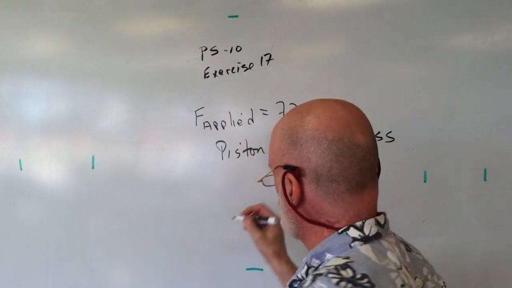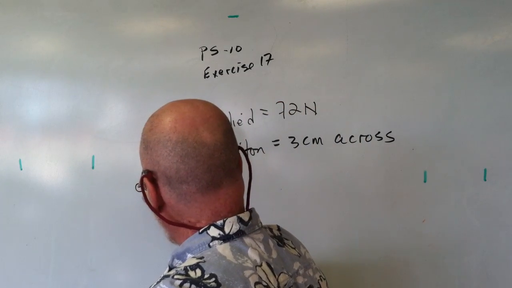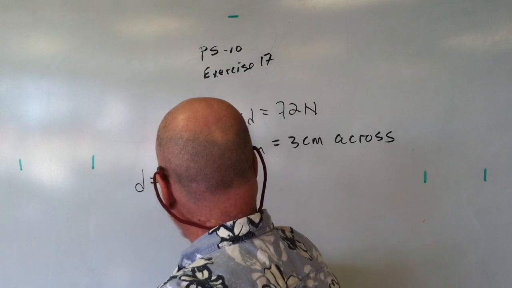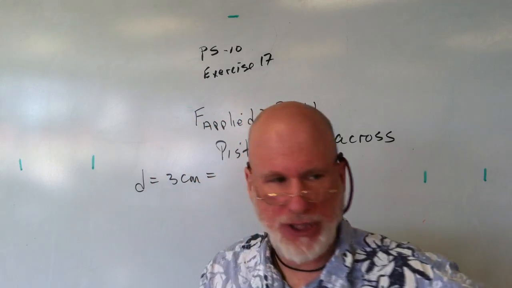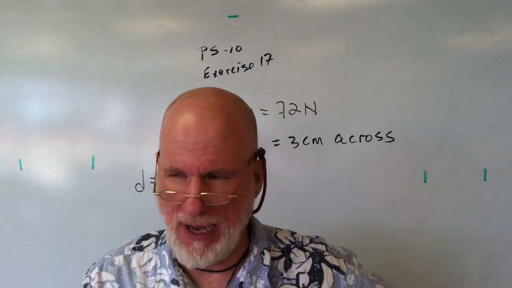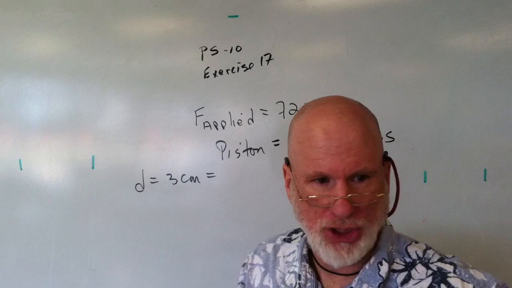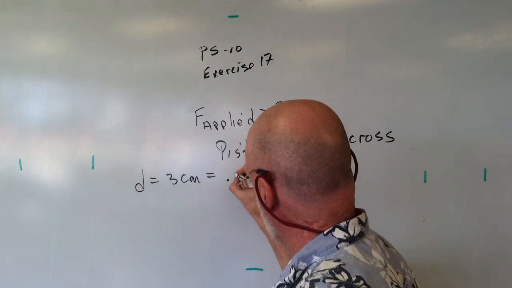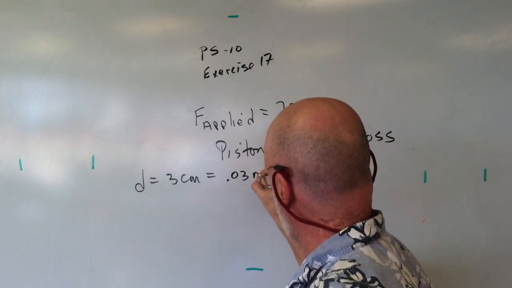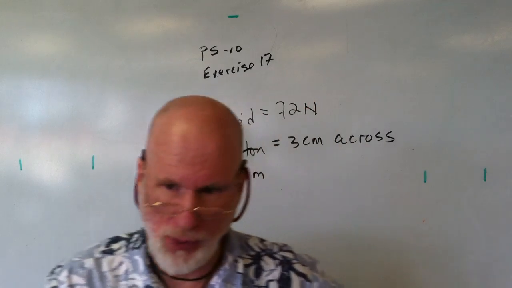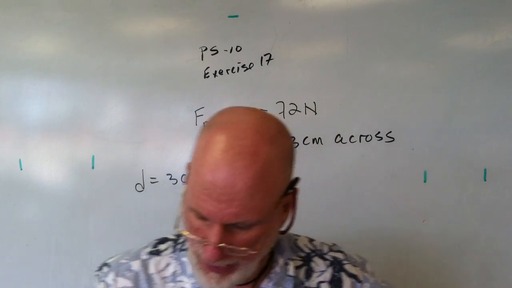Diameter, okay? So the diameter equals 3 centimeters, which equals, in terms of meters, what? 0.03 meters, okay? Clear so far? You with me? So far so good? Okay, now.